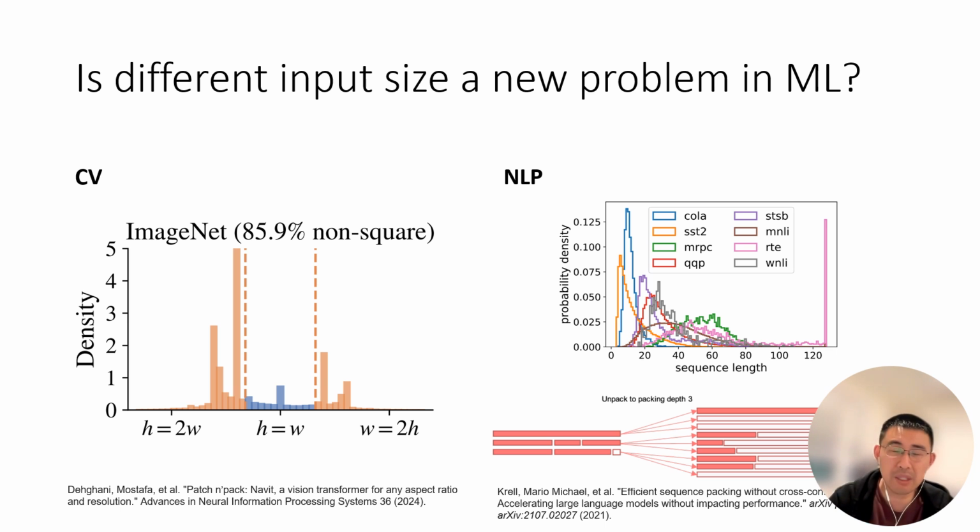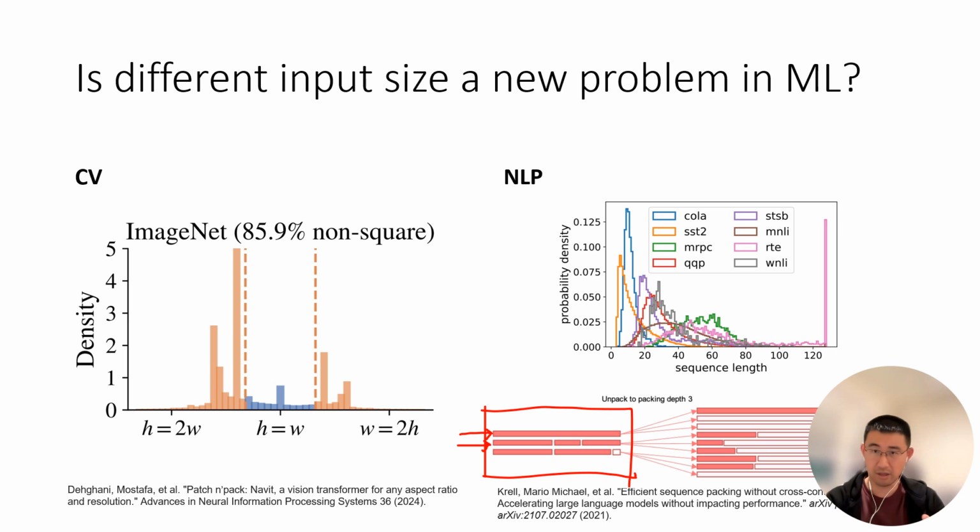What people have been doing is packing them into the same sequence. It's called example packing. Maybe this is a long sentence, which takes a sequence by itself. This is a set of 3 shorter messages, and they can be packed into one long sequence. And this one is 2 sentences.